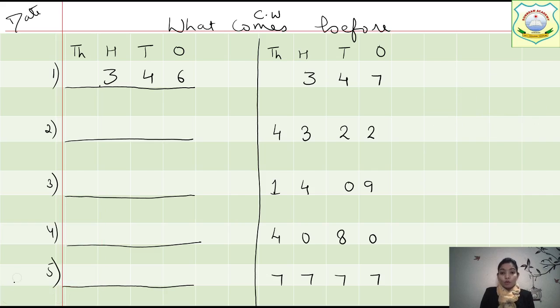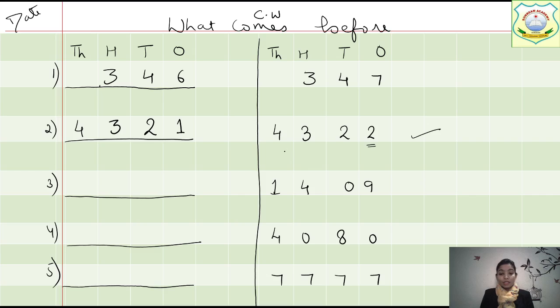Next is what comes before 4322, right? अब ones place पे क्या है, 2. So 2 के पहले क्या आता है, 1. So we will be writing here 4321. Clear?